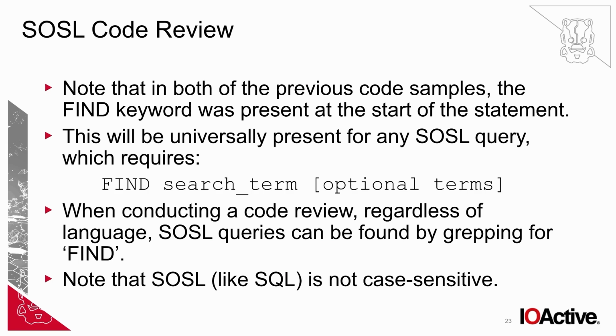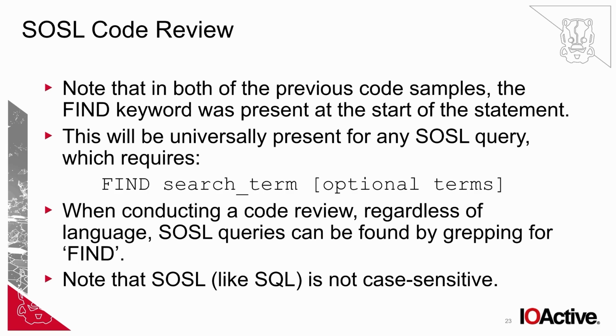So you'll note from both of the previous examples, as I said earlier, the FIND keyword is universally present. That is the thing you can search for to help you find this. The quick and dirty way would just be to grep for FINDs.